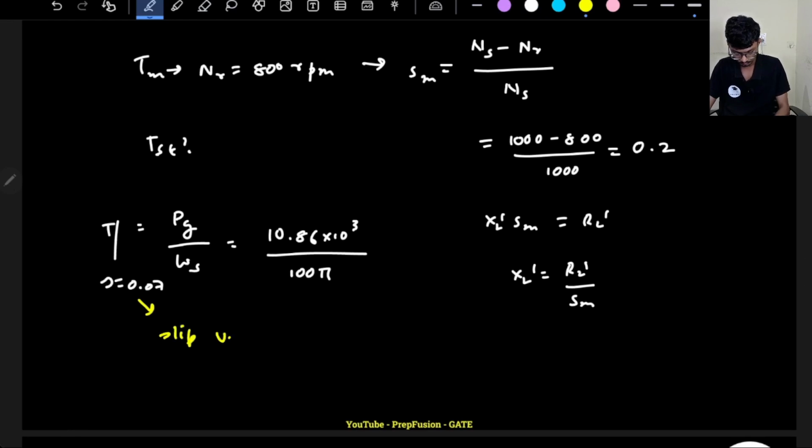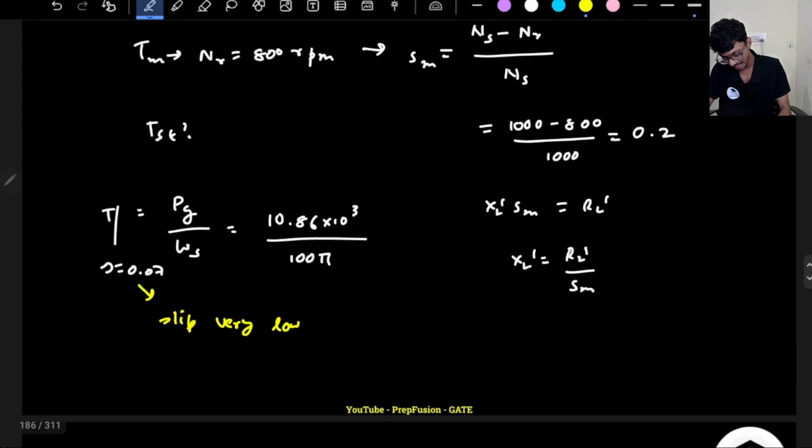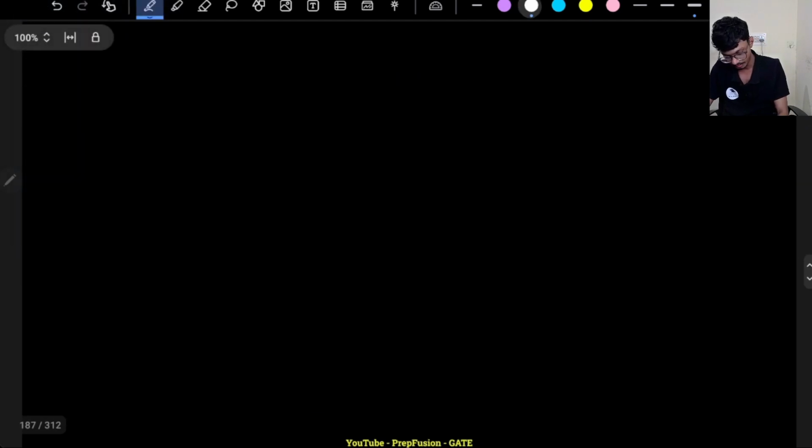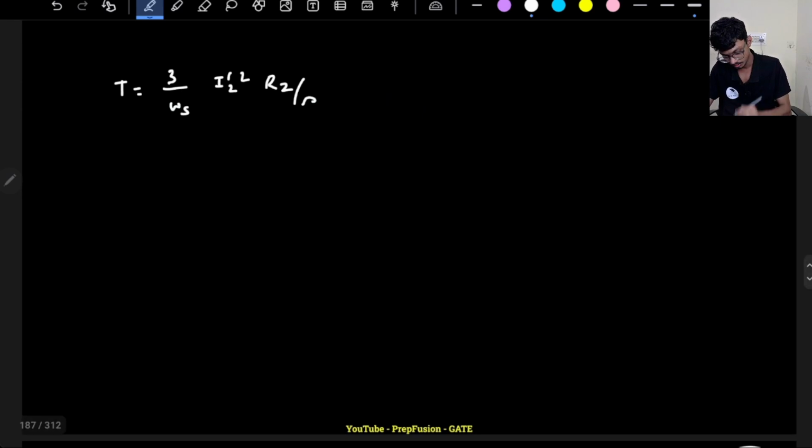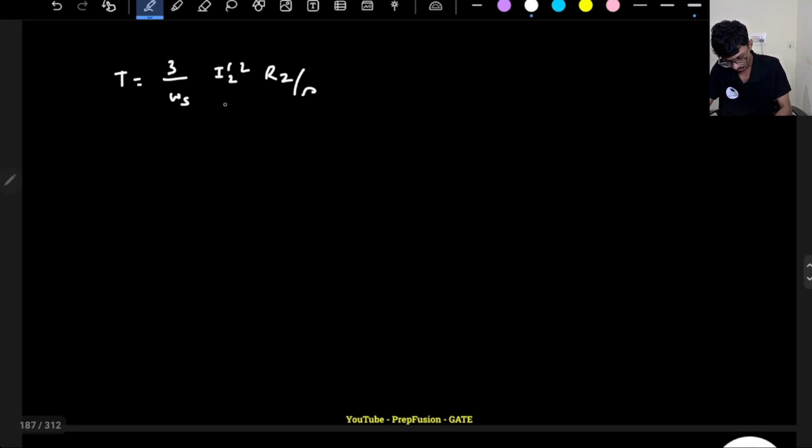Here I see slip is very low, so again I can do a few approximations. What is the actual equation of the torque? If you remember, the actual equation of the torque was 3 upon omega s into I2 dash whole square into R2 divided by S. Roughly, what is I2 dash?